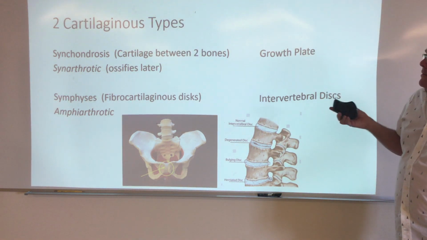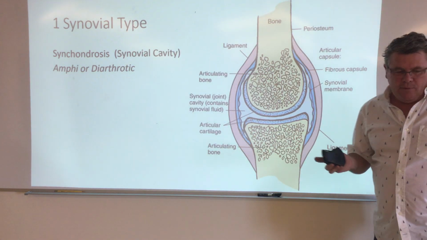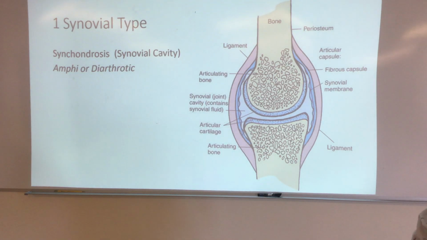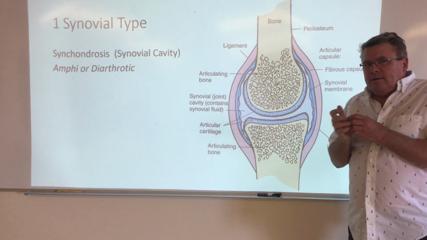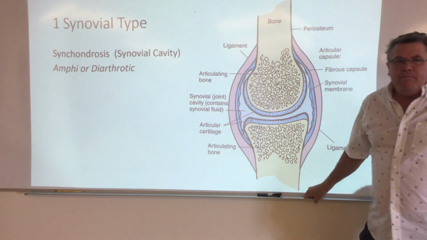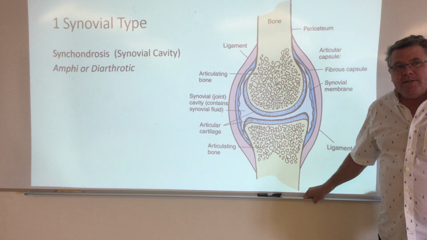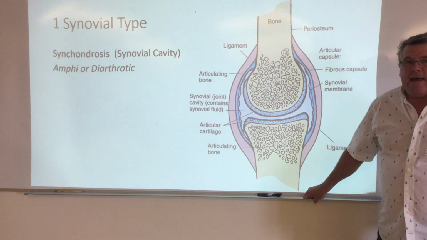So 3, then 1, then 2. Here's the one that we're probably most familiar with. And this goes all the way back to when we started talking in the beginning, if you remember that far back, to body planes, body cavities. One of the types of cavities that I mentioned were synovial cavities.